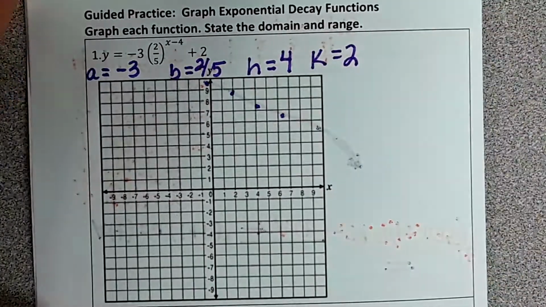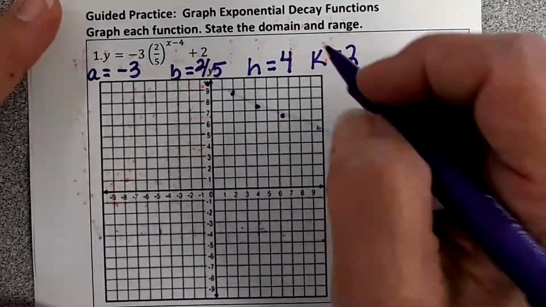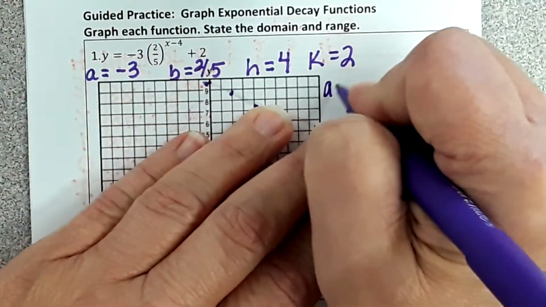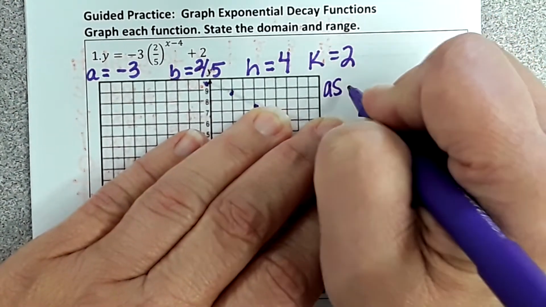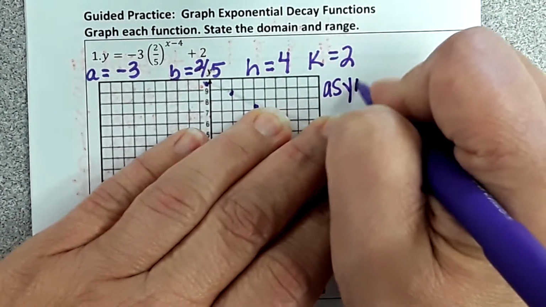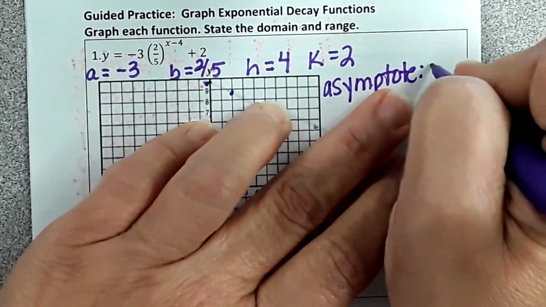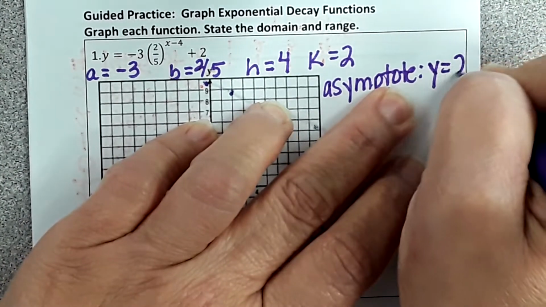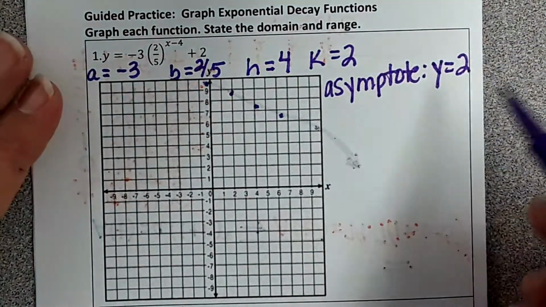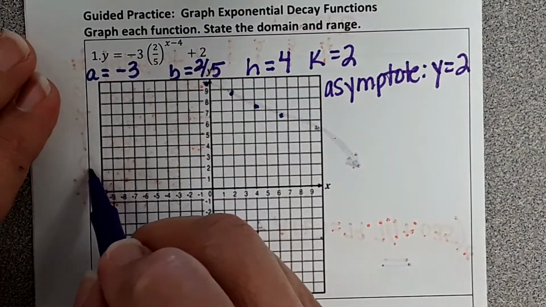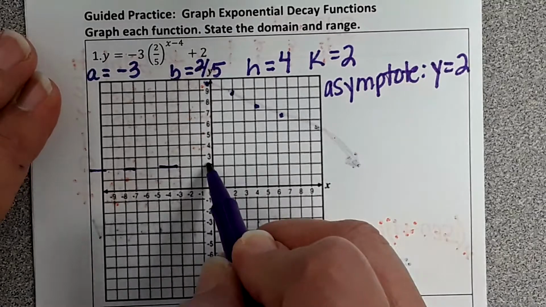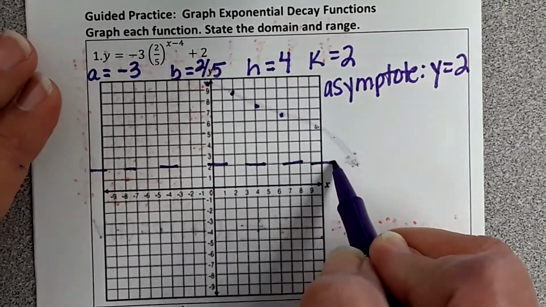And then what is our K? Right there, we already know our asymptote. Asymptote is a line which is y equals 2. So our K determines that. So we're just going to put that line in.